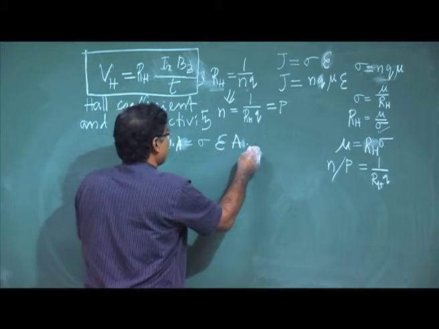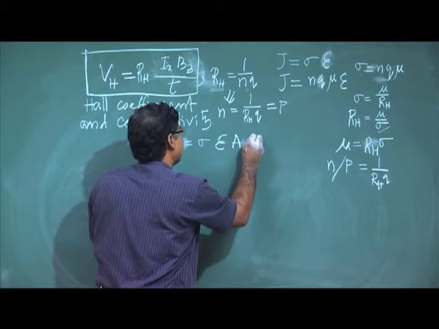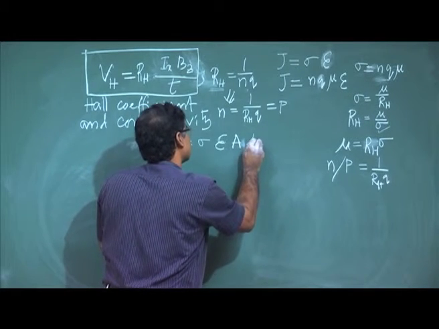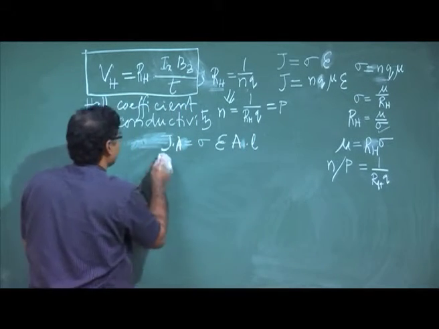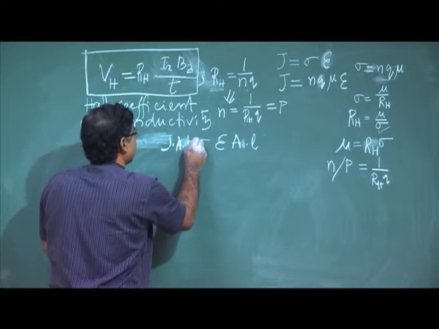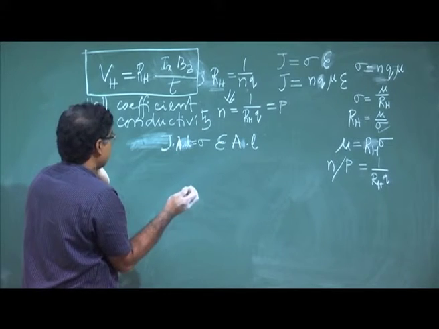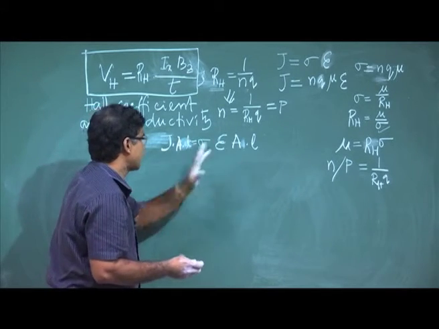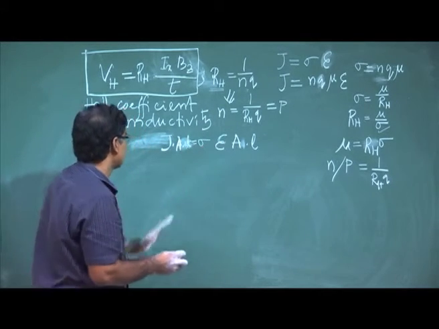Then I multiply with length L, capital L or small l, whatever. So I have to multiply with L also here. I can multiply or divide both sides, there is no problem.